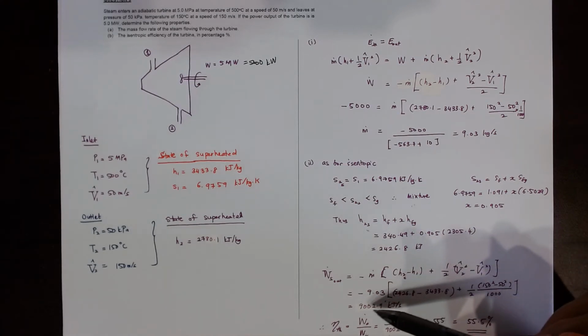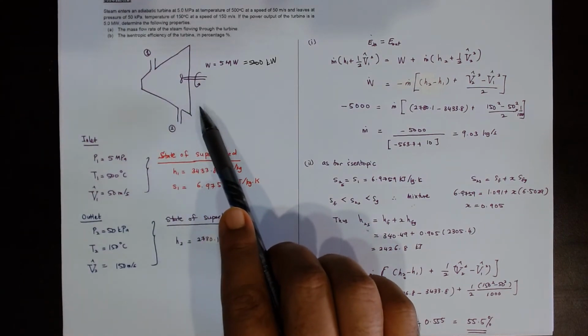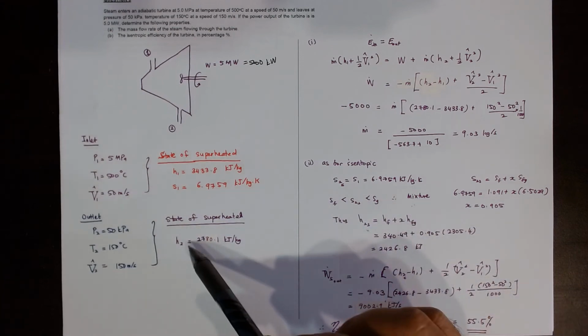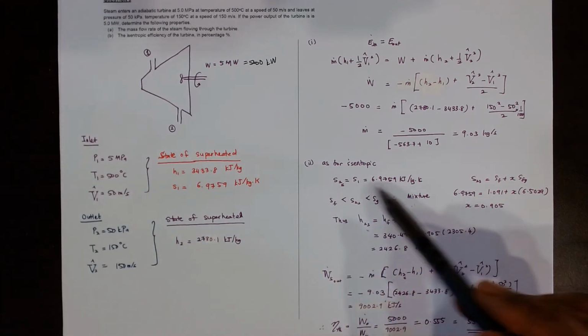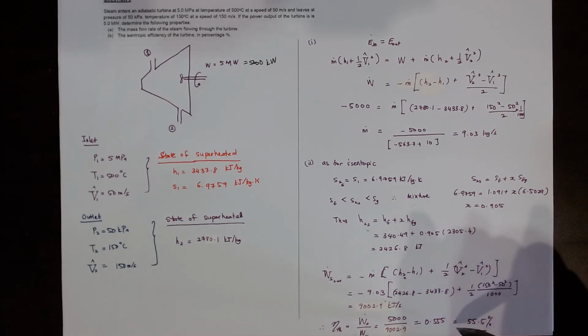So we got 9002.9. If this turbine is isentropic, it means the state 2 is s2 equals s1. So that means you get about 55.5% efficiency.